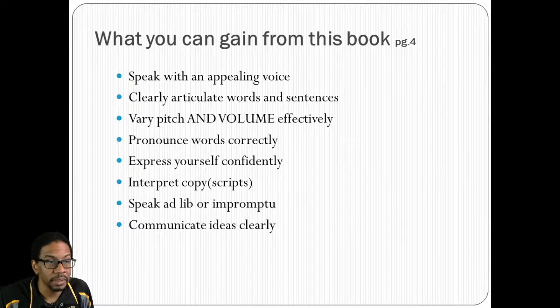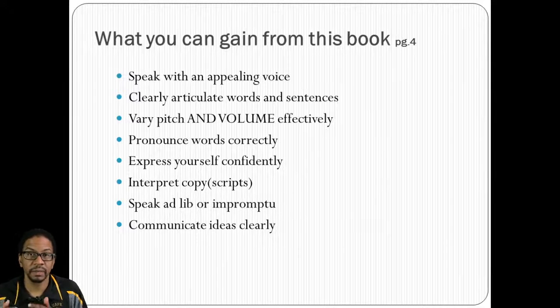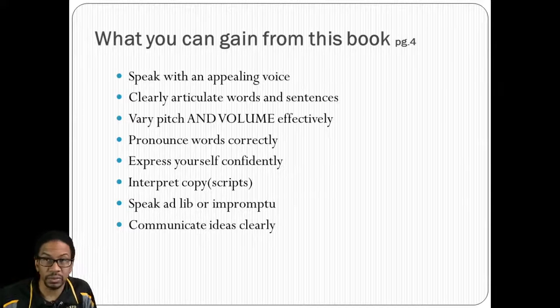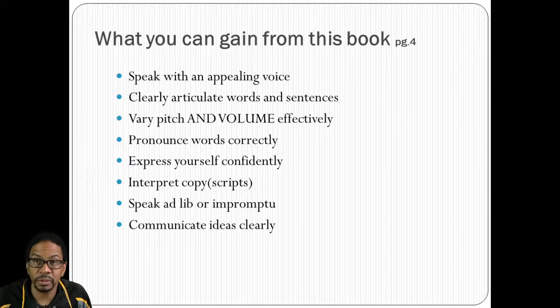Also varying the pitch, how fast you speak, and volume, how loudly you speak, when necessary. For example, slowing down when you're trying to really emphasize vital and important information. Also pronouncing words correctly. People don't do that. Having confidence in your expression, knowing how to interpret copy. It's not just reading the script, but knowing how the script should be read.